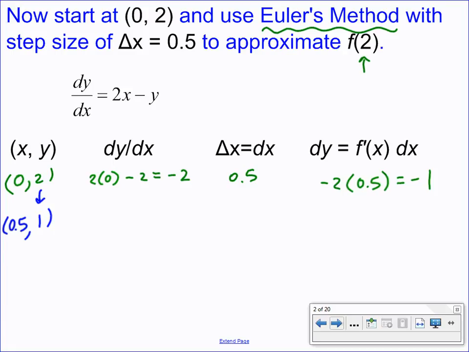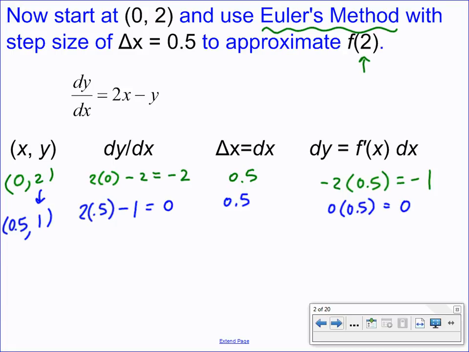Next step. dy/dx is 2 times 0.5 minus 1, which equals 2 times a half is 1, minus 1 is 0. That is my instantaneous rate of change at that point, multiplied by my step of 0.5, so 0 times 0.5.